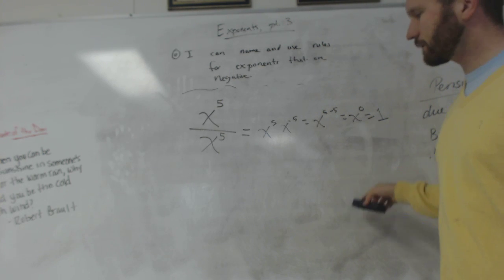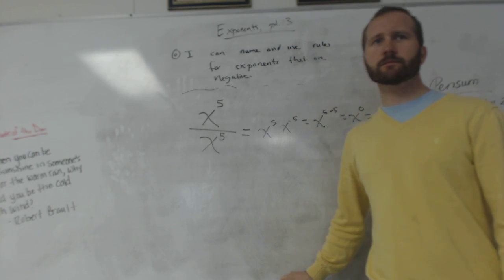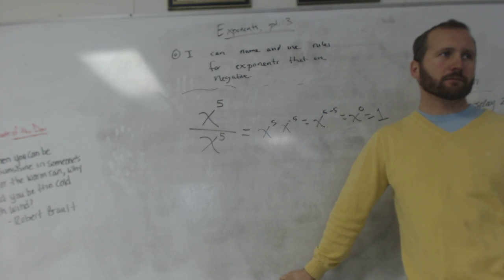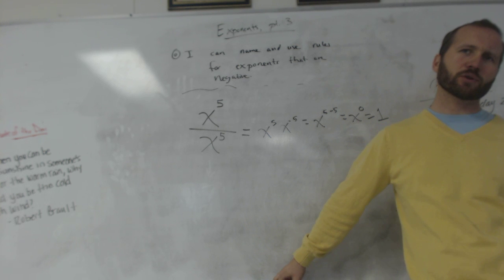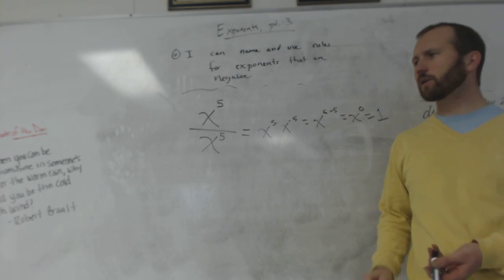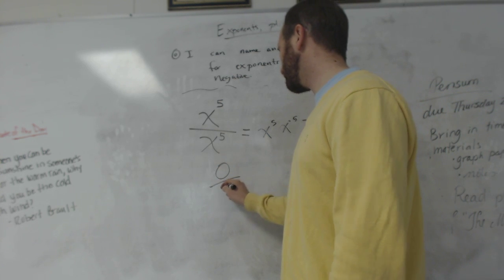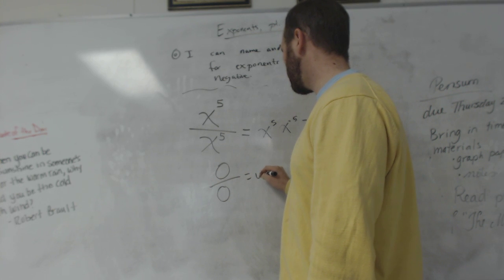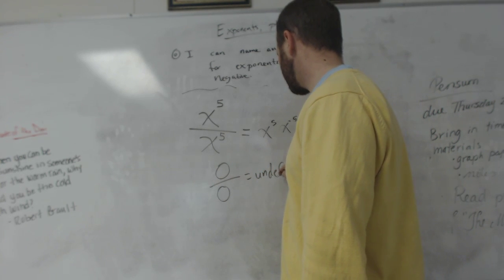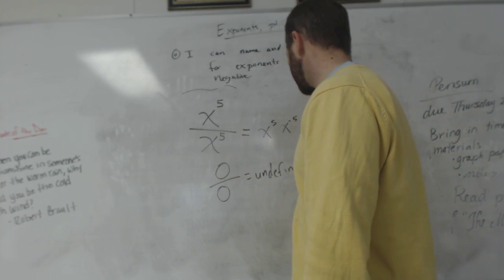Except for one thing. Oh, wait. There's more. What do you think would be the exception? 0 to the 0. Yeah, 0. So we can't have 0 over 0, right? This is called undefined. You can't do that. Math doesn't let you.